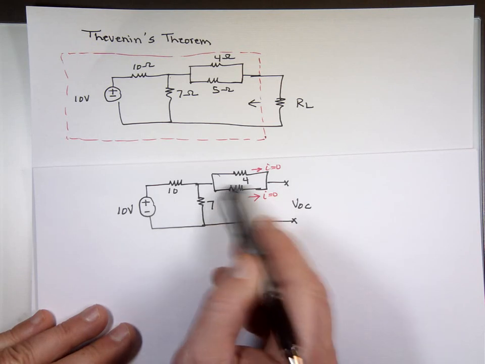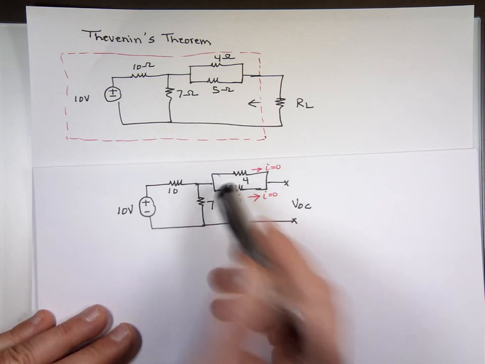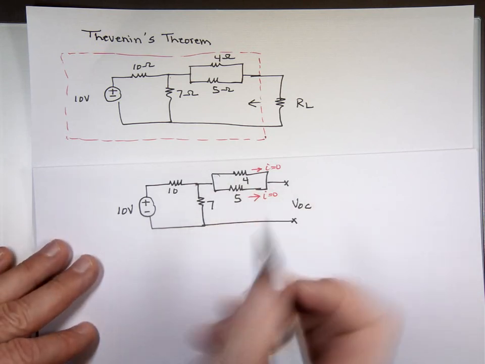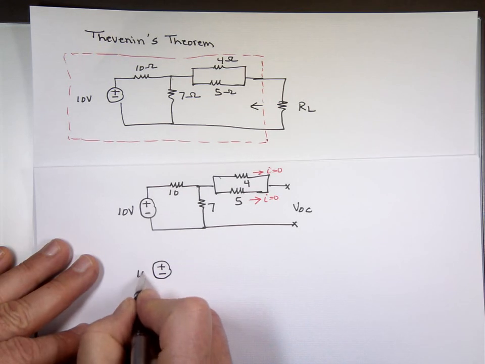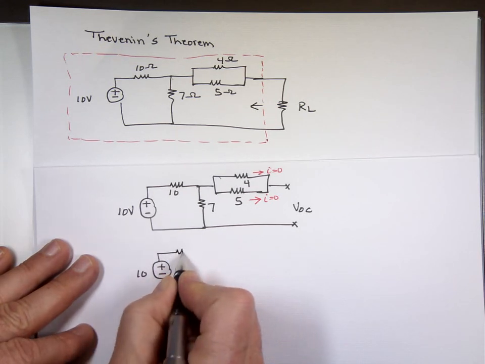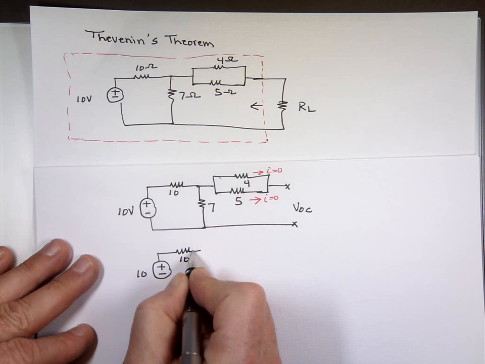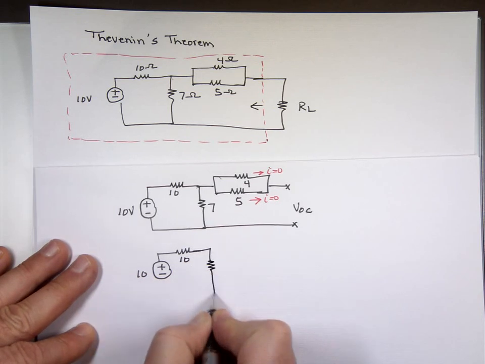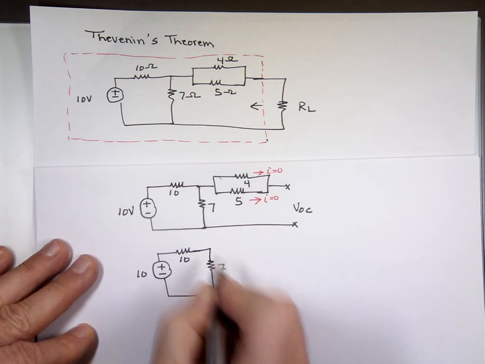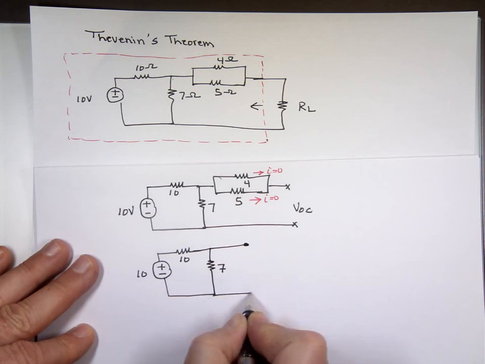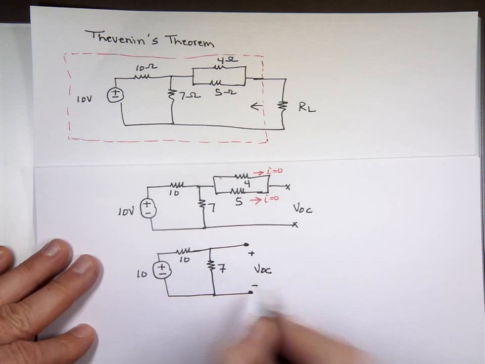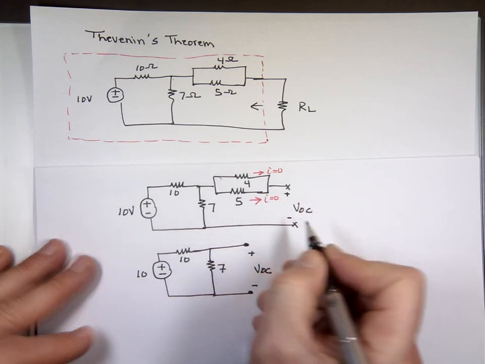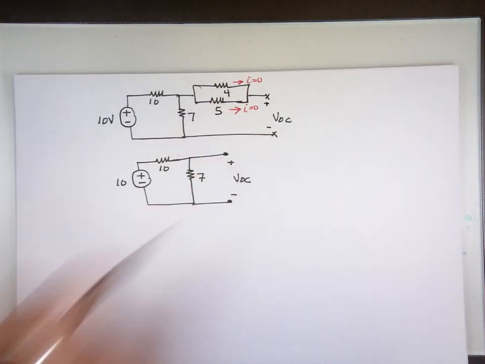So the voltage drop here is 0, which means these two resistors are gone. There is no voltage drop across them, so I can take them out. If I'm looking for the voltage right there, plus on the top, minus on the bottom, I can take these two resistors out because there'll be no drop across them.